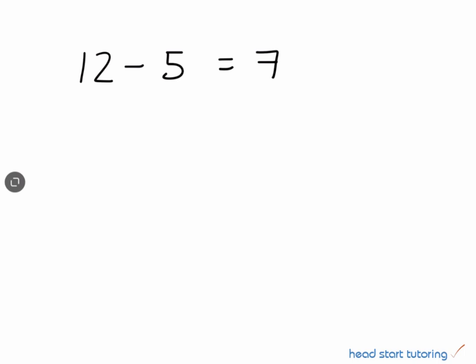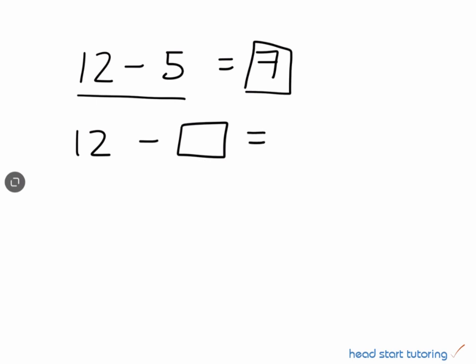If we are working the other way around, if we are working with a minus sum and we get our answer here, and we are working with a blank there, let's say we weren't given that 5, we need to now try and find out what we minus 12 from in order to get 7.